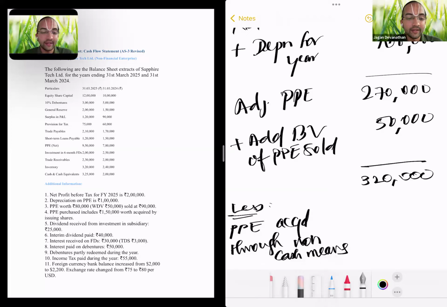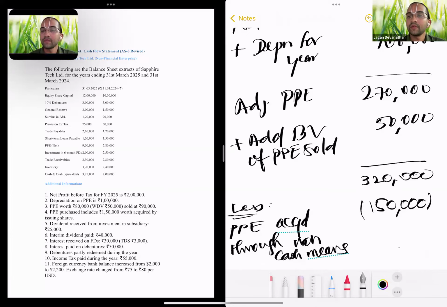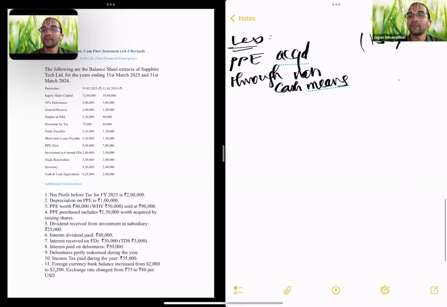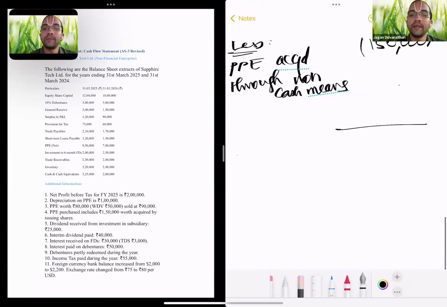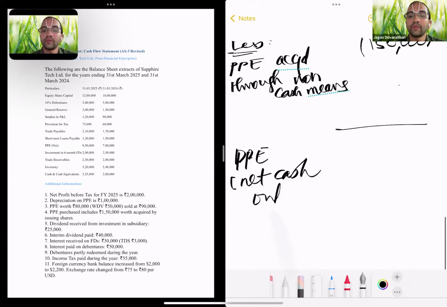Here, if you can see the fourth adjustment, it says 1,50,000 worth of PPE was acquired by way of shares. So the final answer for PPE net cash outflow is 1,70,000.